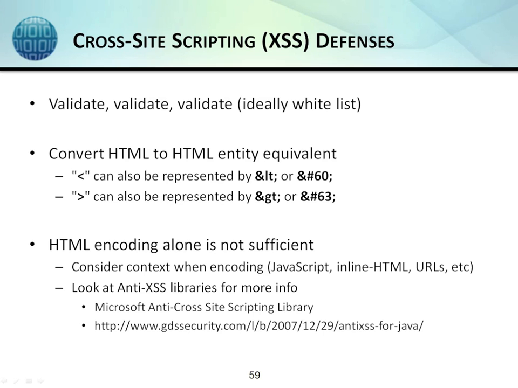But if it's being written into another part of the response, maybe a JavaScript block like we saw earlier, you're going to want to do alternate encoding. If you check out this link here, it's from our blog. We talk a lot about performing encoding for the proper context. And then, in addition to encoding, also doing some level of server-side input validation.